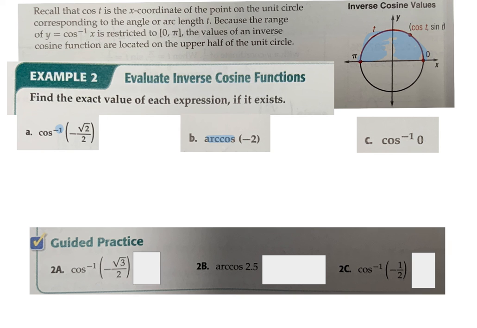So what is my pi over 4 in the second quadrant that gives me a cosine value of negative square root of 2 over 2? So it's 1 pi over 4, 2 pi over 4 is straight up, 3 pi over 4. So here this is 3 pi over 4. 3 pi over 4 is going to give me a cosine of negative square root of 2 over 2.